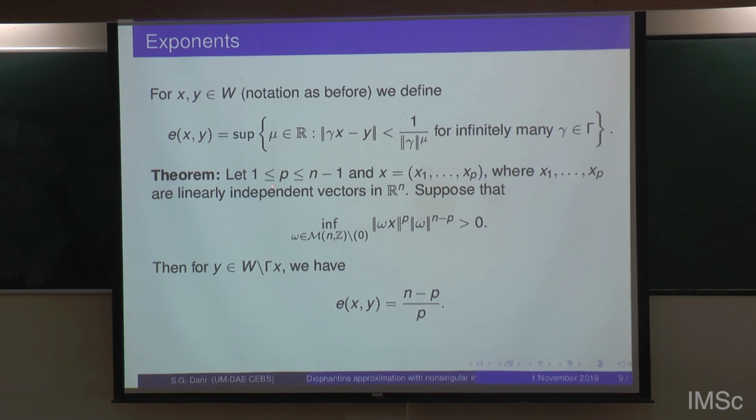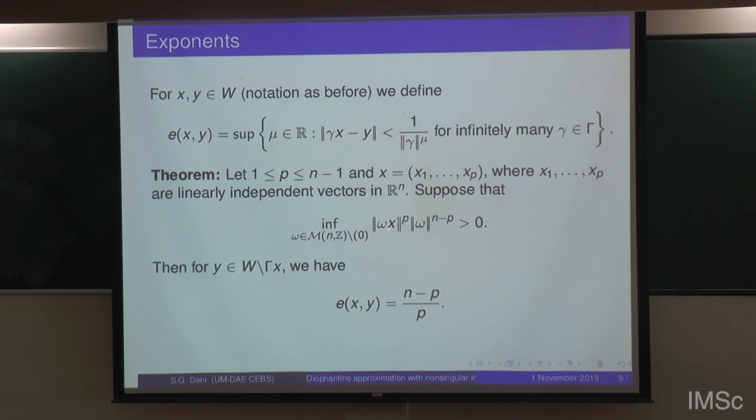Now here is a theorem in terms of this notation, which is not directly deducible from the initial theorem that I said, or even the modification that I indicated, but comes from the same spirit. Again take p between 1 and n minus 1, take a p-tuple x1, x2, ..., xp of linearly independent vectors. This condition is related to projectively very well approximable, but here you can see it more explicitly.